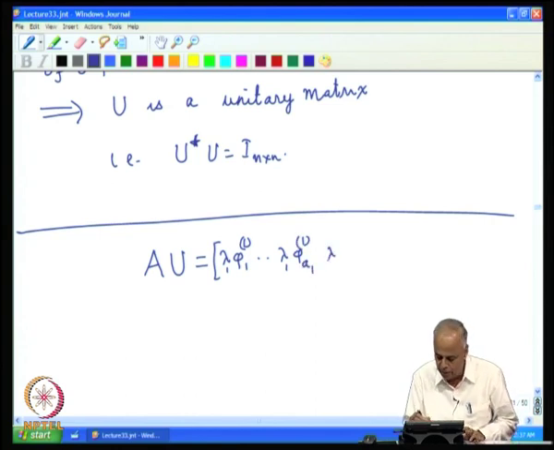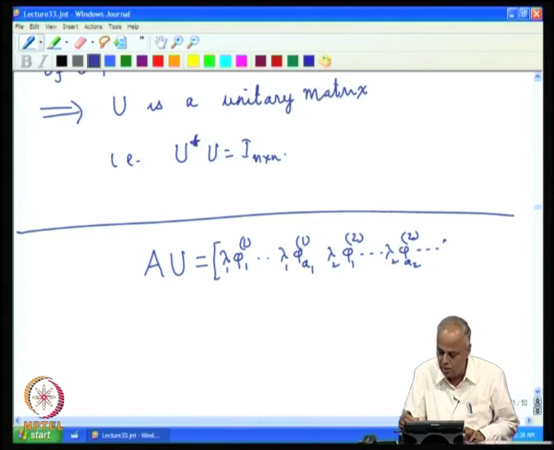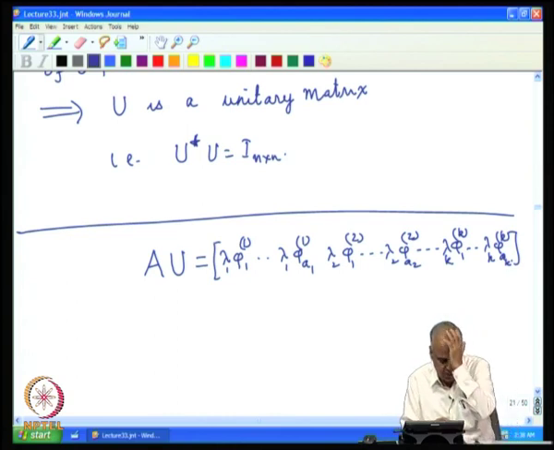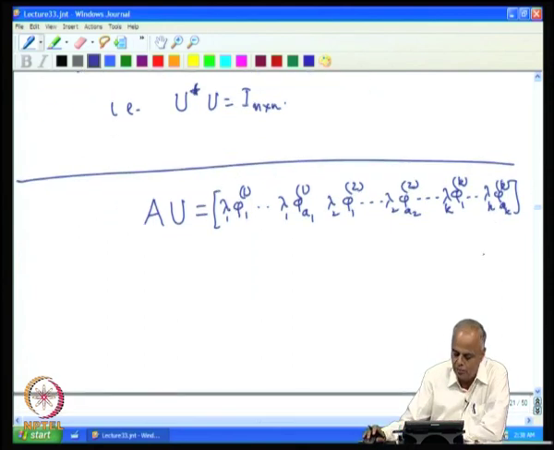Then we will start with lambda 2 phi 2 1 up to lambda 2 phi 2 a 2 and this goes on and we get lambda k phi k 1 etcetera up to lambda k phi k a k. Because of the fact that every column is an eigenvector corresponding to some eigenvalue. So, it just gets multiplied by those numbers.